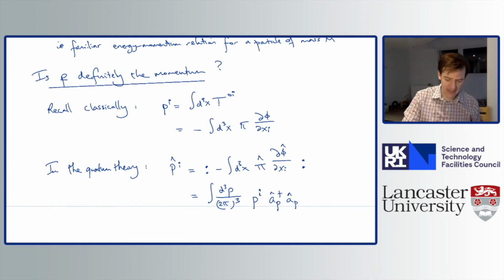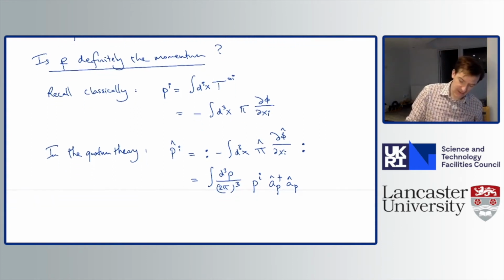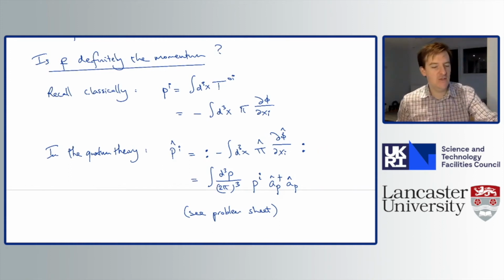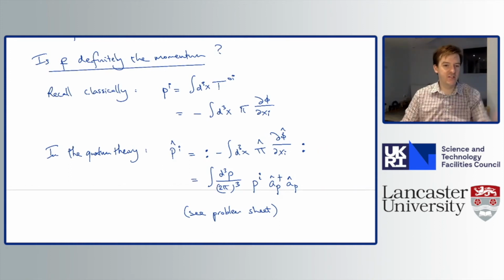In other words, it looks a lot like the Hamiltonian relation, but rather than omega appearing, it's P that appears here. I think the problem sheet actually asks you to do this calculation, to go from the first line down to the second line, so I'll leave that as a discussion that you can have with your tutors.